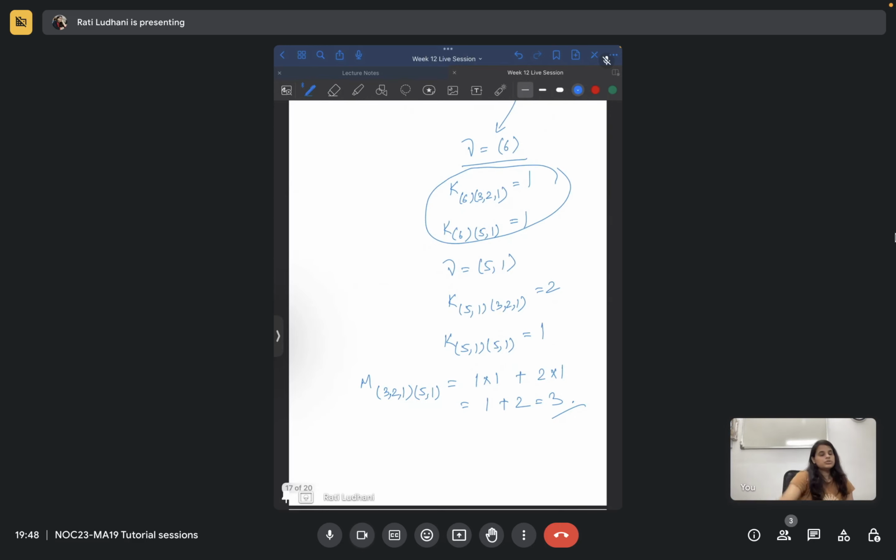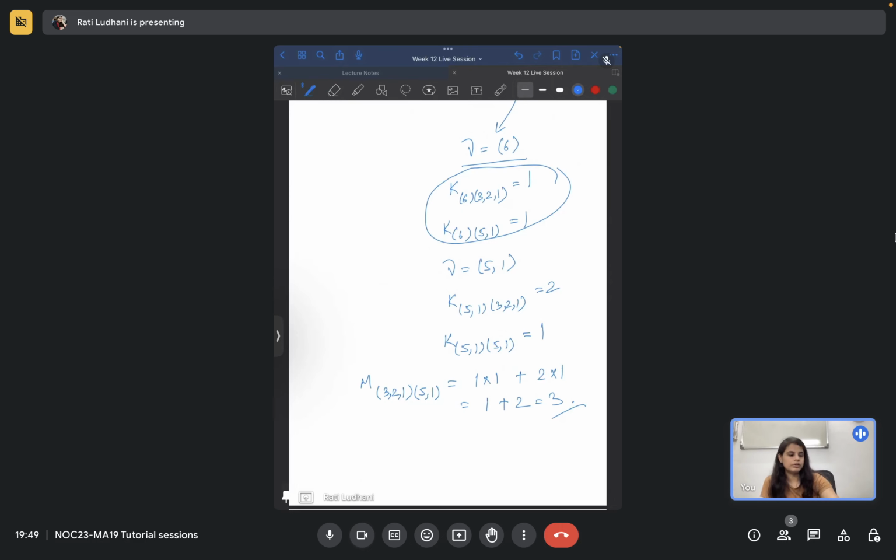So likewise you need to calculate for all of them, but 6 is a big number, so the number of partitions is big, and you need to consider everything, so that is the question. But if you have been asked for a specific m nu, you can find the value.